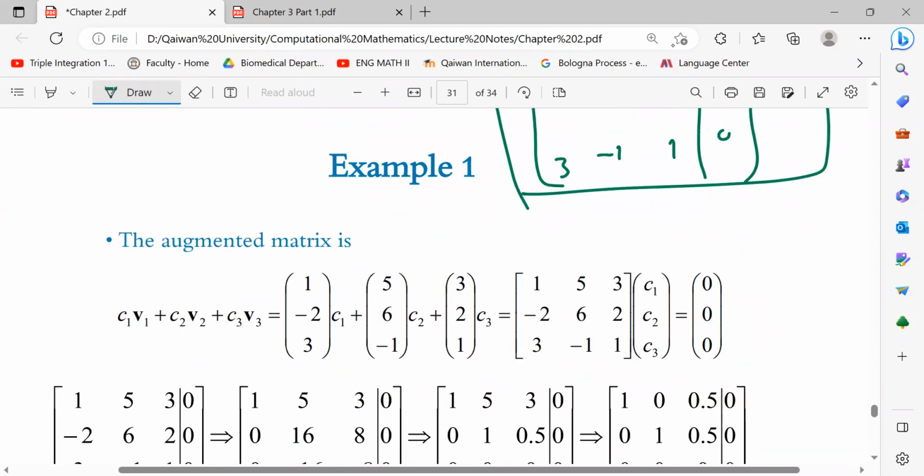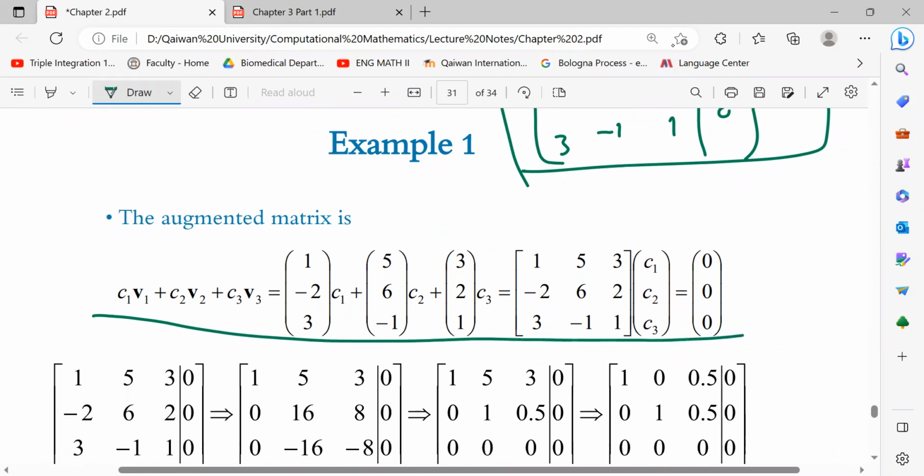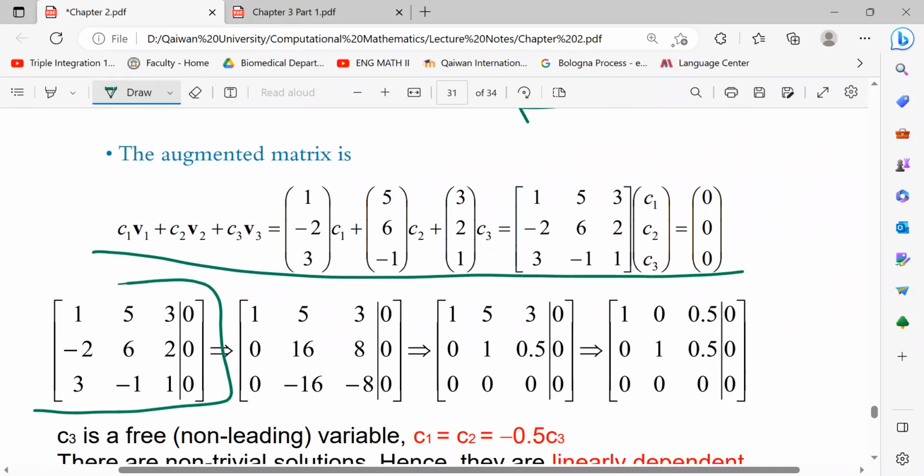This is what we did above up to here. We got this matrix. Now we apply the reduced row echelon form to get this one. So you should know how to apply the reduced row echelon form and the elementary row operations.